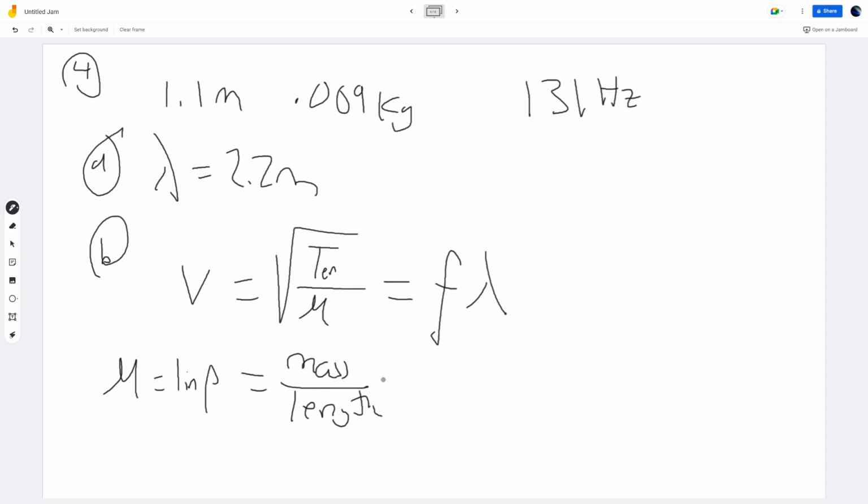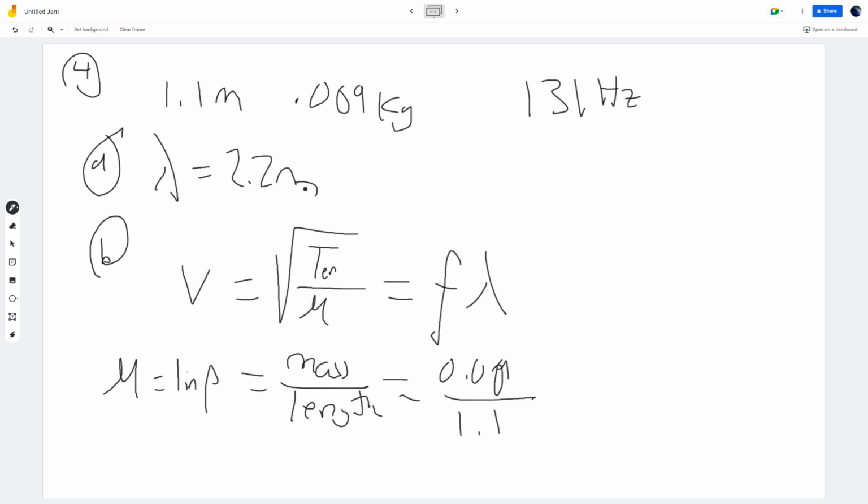So mass over length, 0.009 over 1.1, divided by tension. And then F in this is going to be frequency, wavelength. So I'll just multiply those together. 131 times 2.2, that's frequency times wavelength, gives us 288.